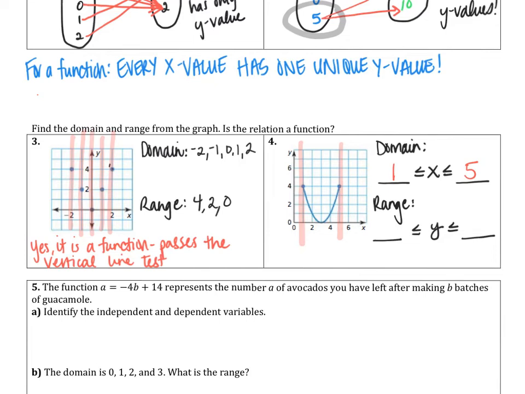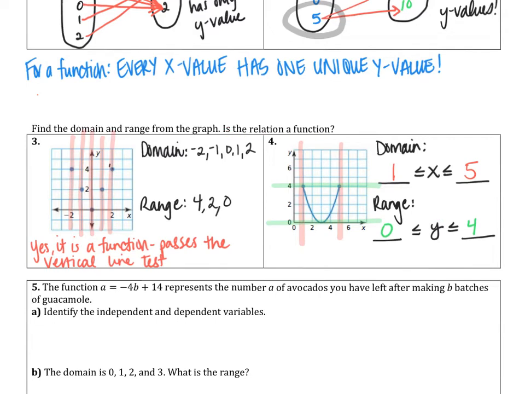The furthest up this graph goes is 4, and the lowest it goes is 0. So I can say that this graph goes from 0 to 4. I've got my lower bound and my upper bound. I do not go beyond that. The graph does not go any further. So there is some new notation for you that we're going to get used to, but don't be afraid.